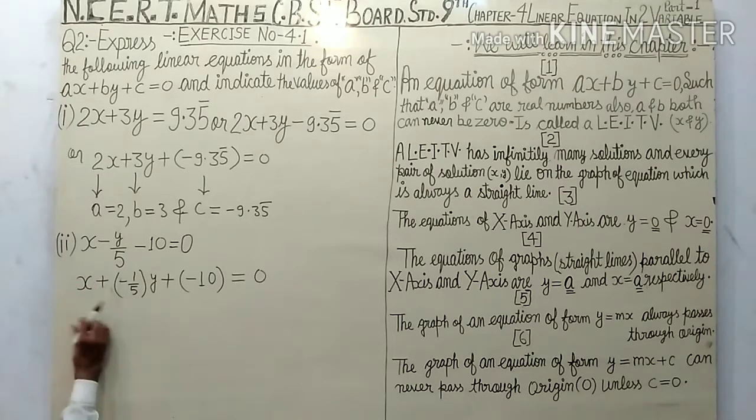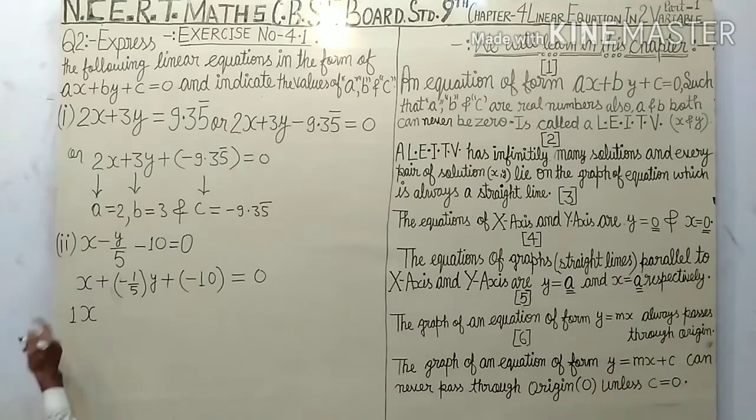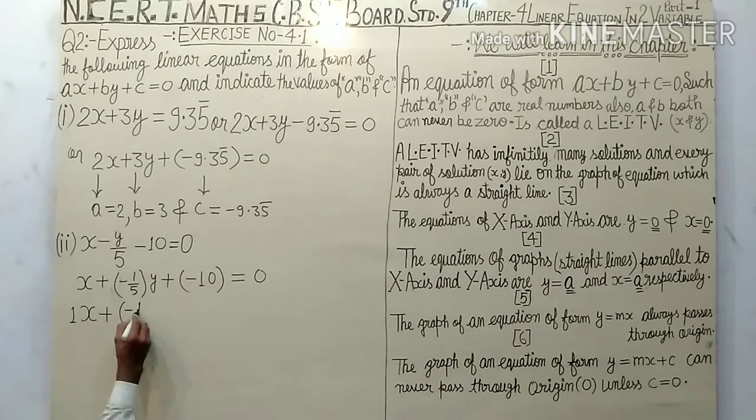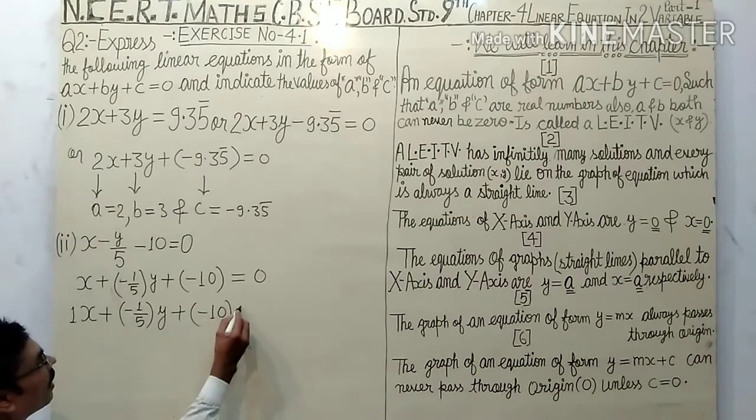students, once again, x means 1x. If a variable has a hidden coefficient, here no coefficient of x is visible, so there it is 1. So 1x plus minus 1 by 5 y plus minus 10 equals 0.